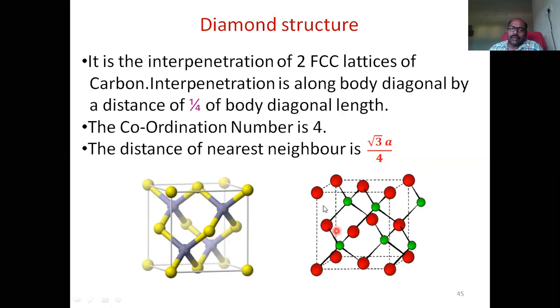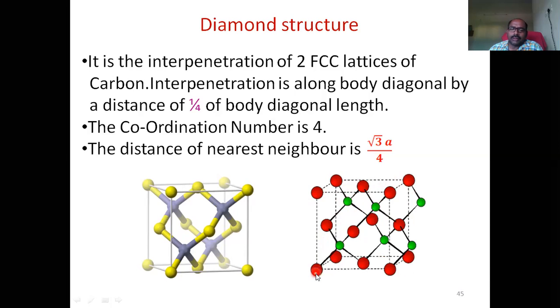At first we assume that the two unit cells are coinciding with this unit cell drawn here, one unit cell with red lattice and another unit cell with green lattice.